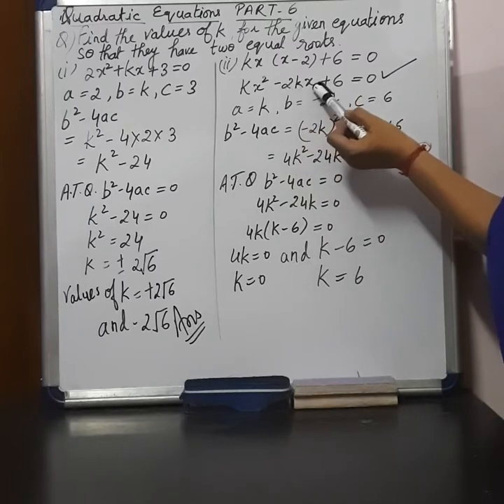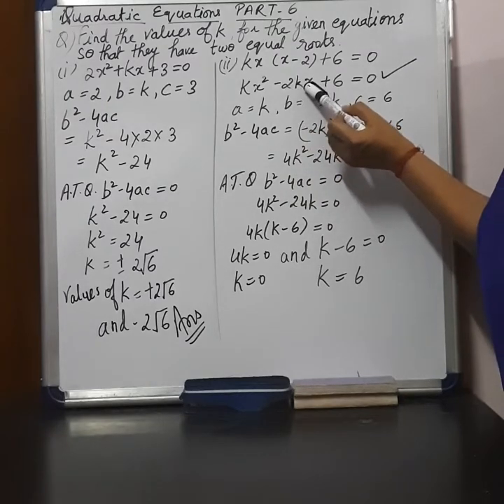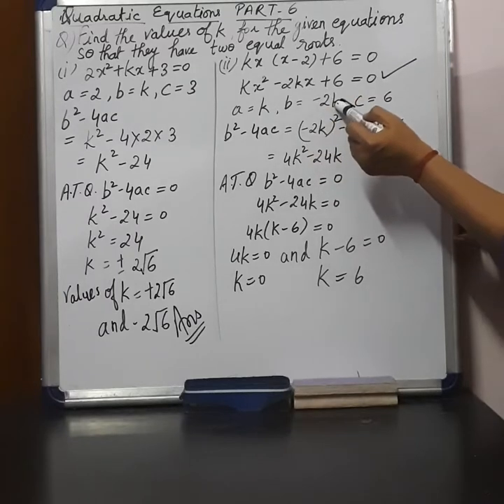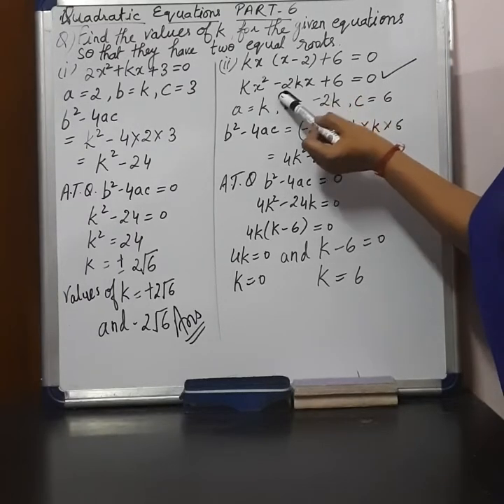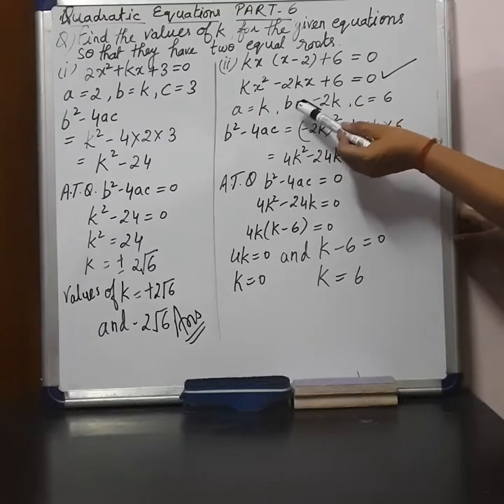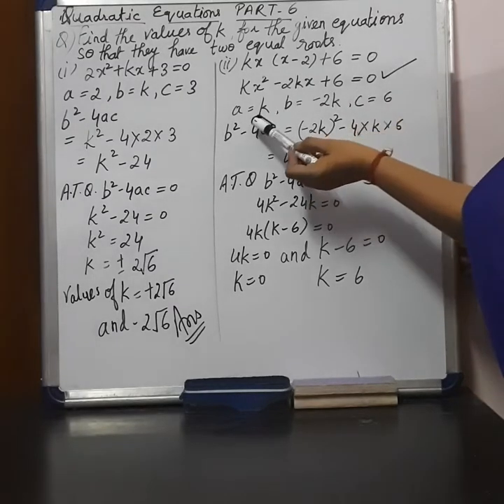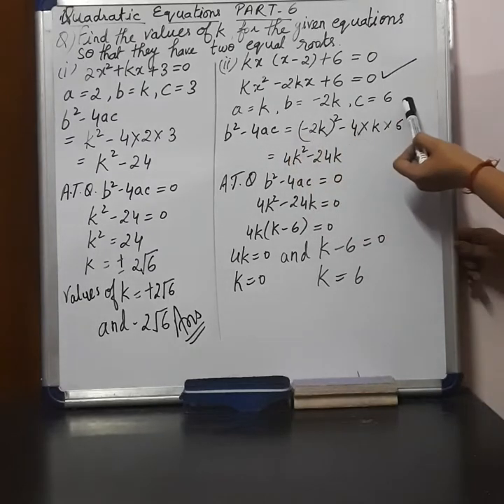Here minus 2kx, whatever amount is with x, that is the value of b. So the coefficient of x over here is minus 2k, the value of b is minus 2k, and the constant is 6. These are the values of a, b and c.